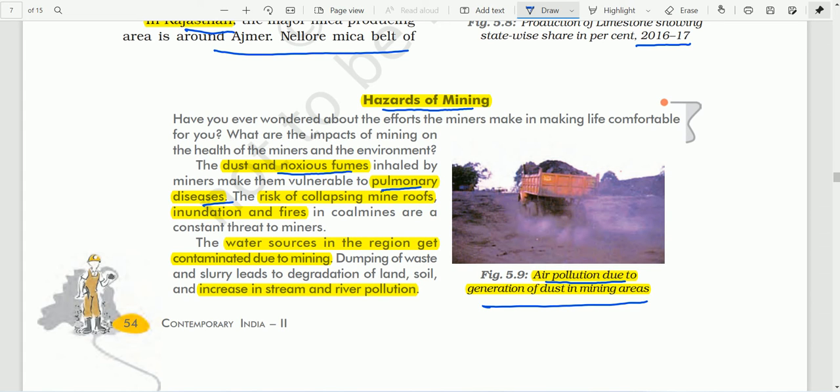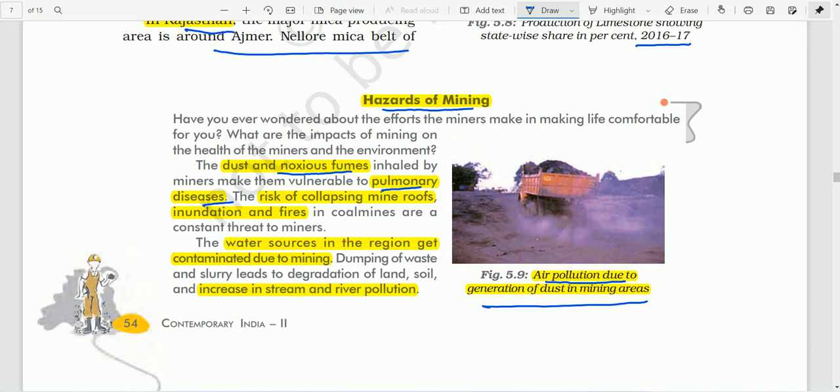If we inhale these dust particles and noxious fumes, this will make the miners vulnerable to pulmonary diseases. Pulmonary means related with lungs, so diseases related with lungs.